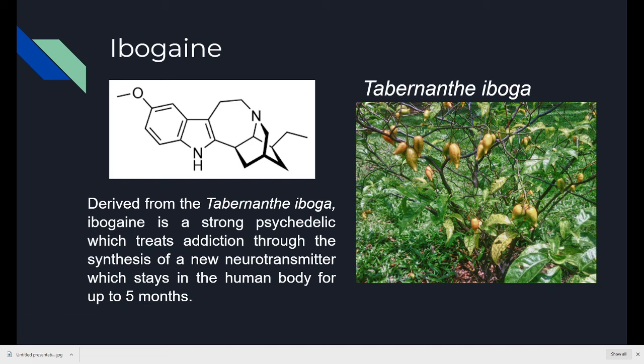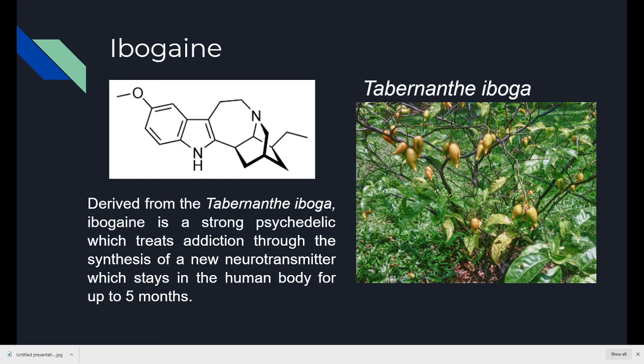Like ayahuasca, ibogaine is a community drug that's often given to one person while the community surrounds them and practices healing ceremonies. Ibogaine is considered a strong psychedelic, and this strong psychedelic actually has been used to treat addiction, and not just any kind of addiction, opiate addiction, heroin addiction, because this particular psychedelic actually creates an environment in your brain where your brain starts to synthesize a brand new neurotransmitter.